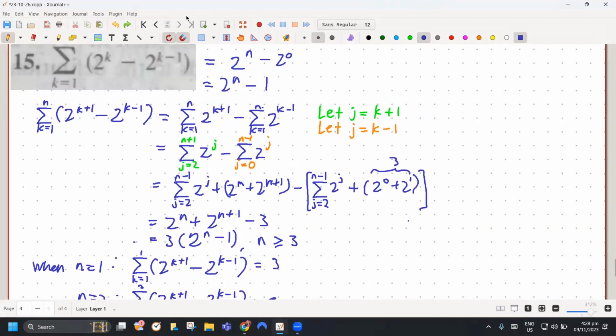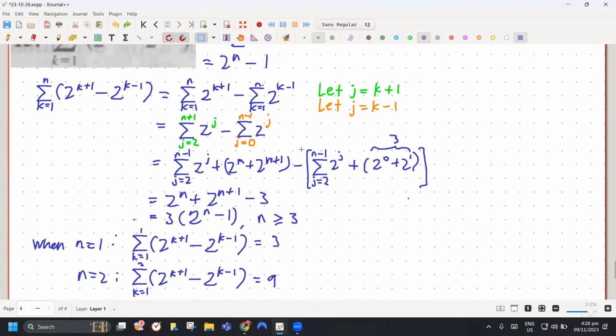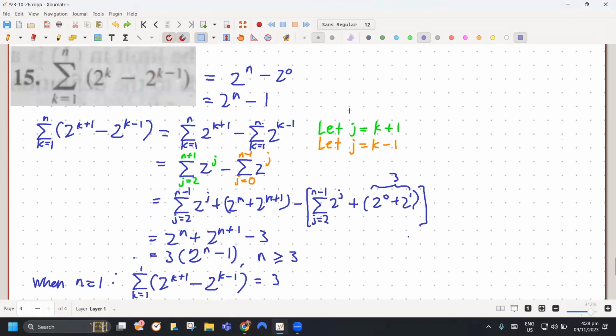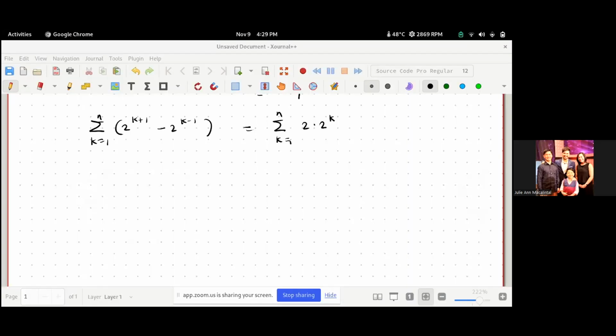Yan. Ito, so alternative solution to yung sum from k equals... hindi, share ko na yung screen ko. Sige po. Ito, so alternative solution. 2 to the k plus 1 minus 2 to the k minus 1.